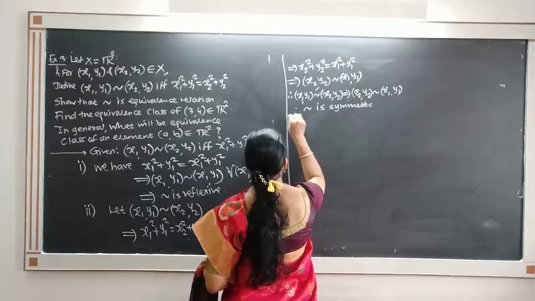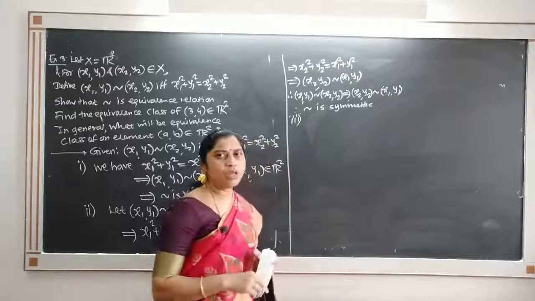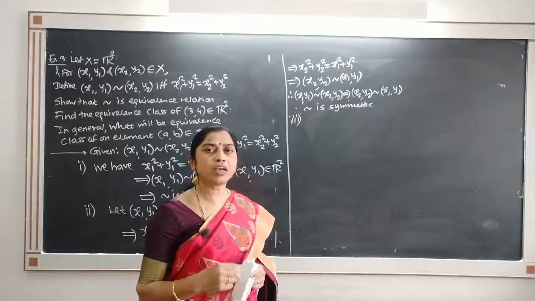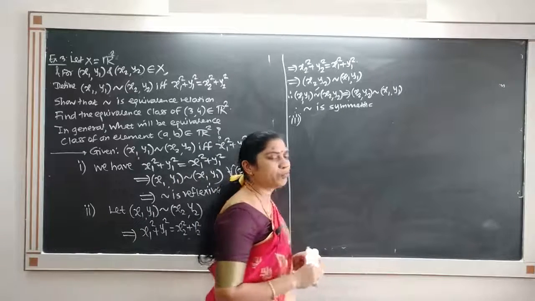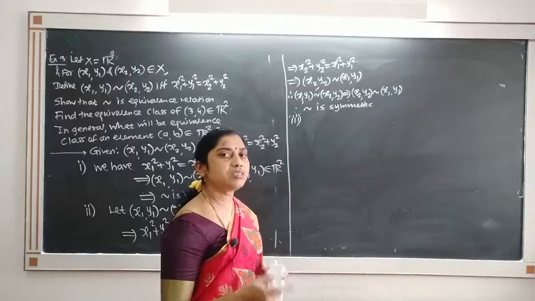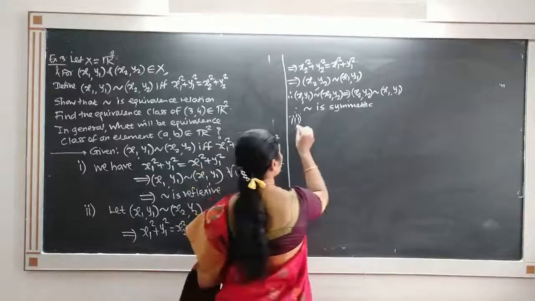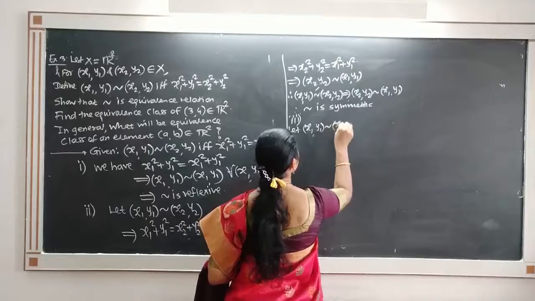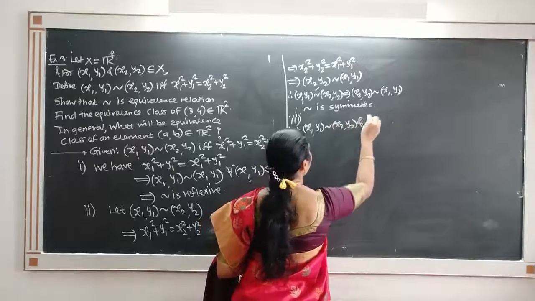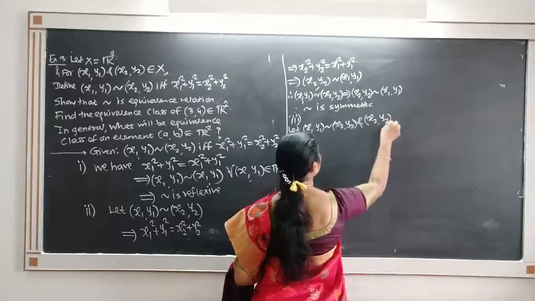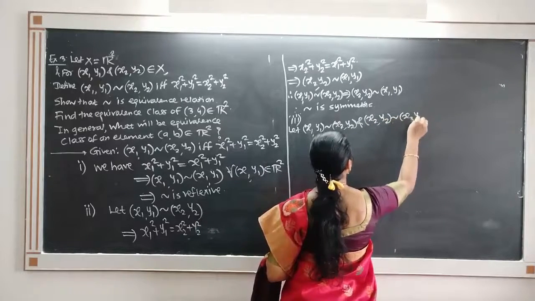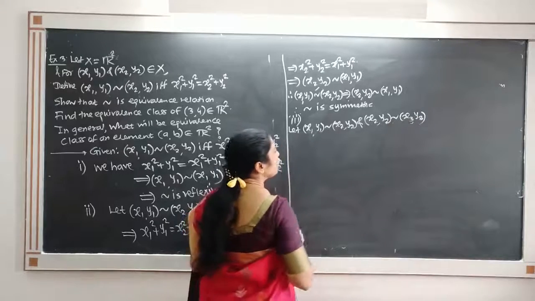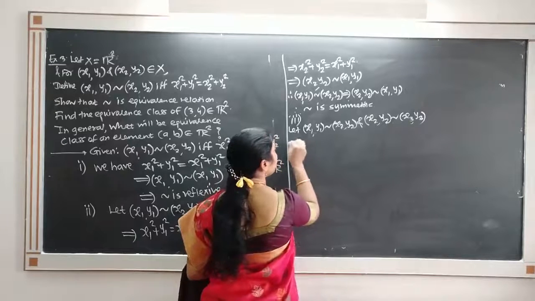Now check transitivity. What is meant by transitive? Start with (x1, y1) related to (x2, y2) and (x2, y2) related with (x3, y3). You want to prove that (x1, y1) is related with (x3, y3). Now what is meant by (x1, y1) related with (x2, y2)?